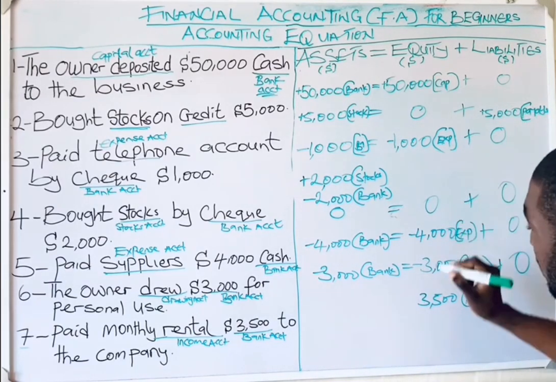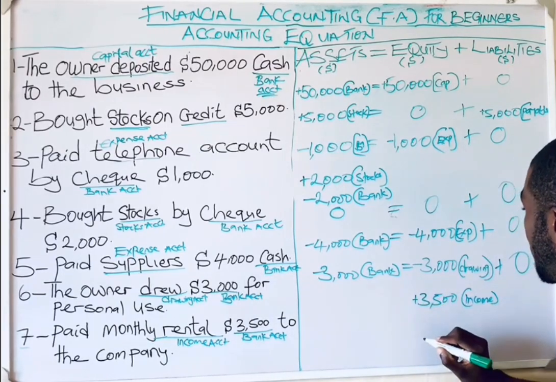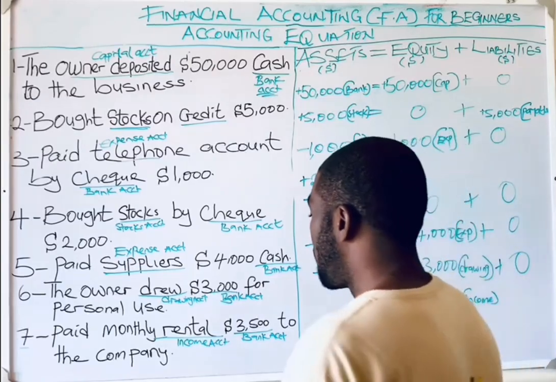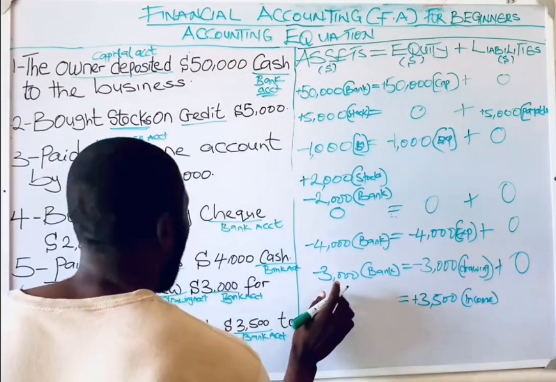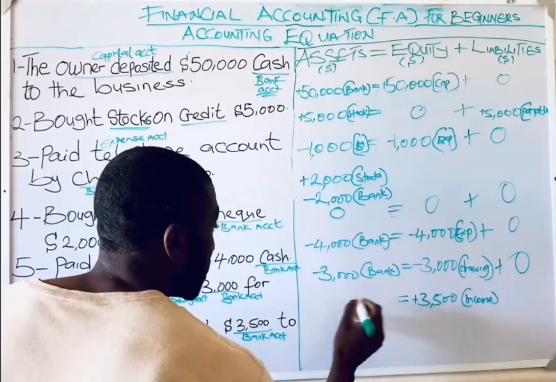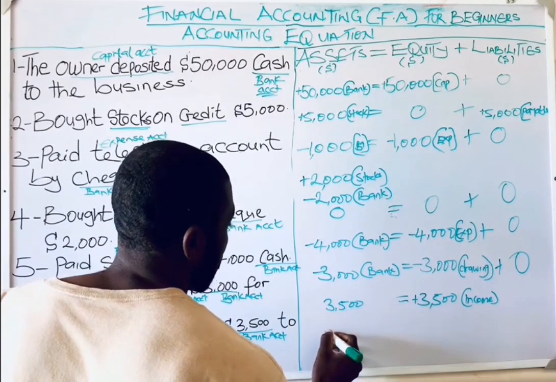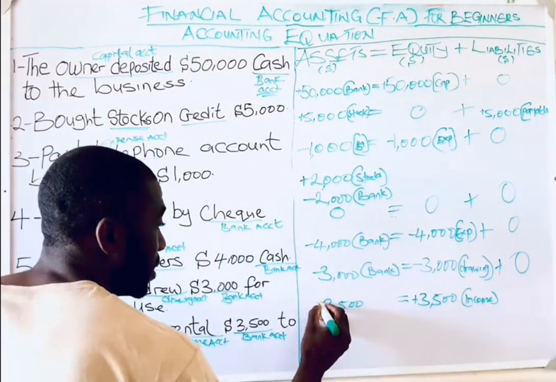And don't forget, income increases the equity. So your equal signs. Now, the bank is under assets. We say $3,500, and it is coming in, so it is a positive.